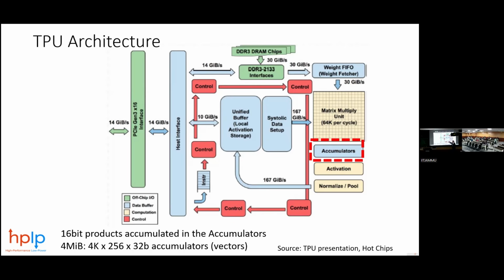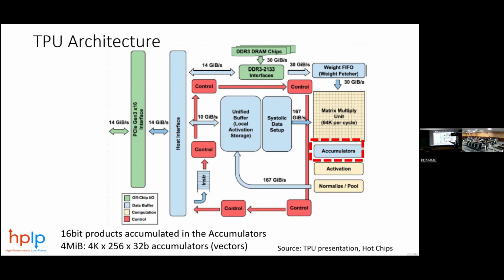There is some control, and at the end of the day, the control is really just counters, because you just need to align the data one after the other. It's not complicated, there is no branching, there are no ifs, but you still need to make sure that they come at the right time. So, that's what is here.